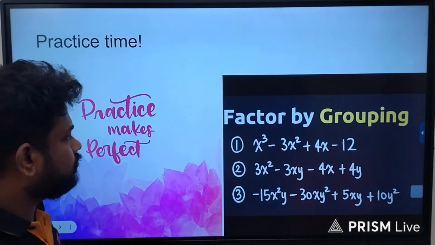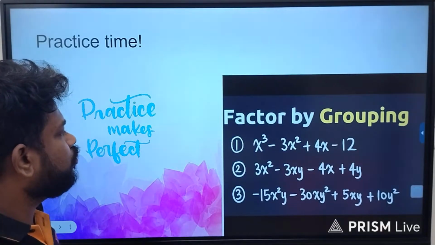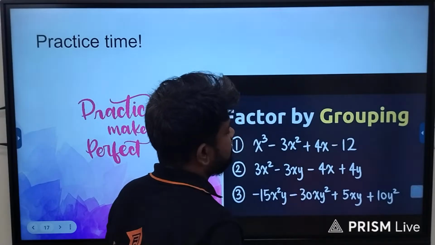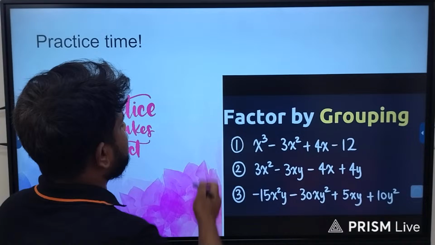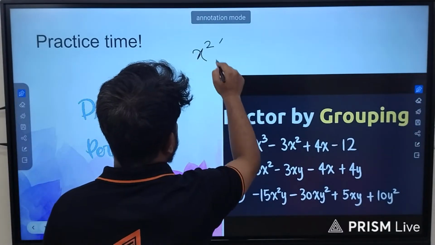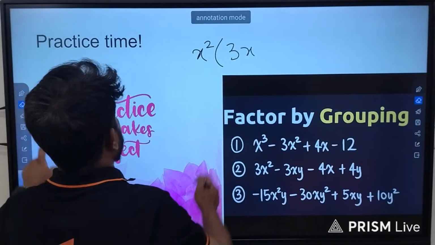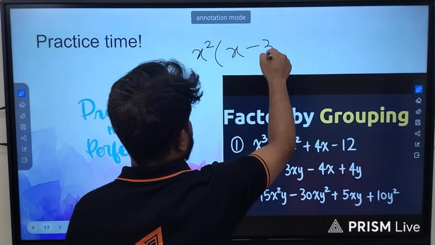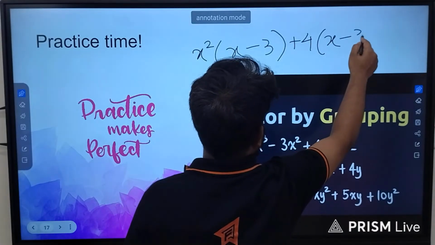For this one, x cube minus 3x square plus 4x minus 12. You have to just group it like this. Take x square common and you will get x minus 3, and take 4 common, you will get x minus 3.